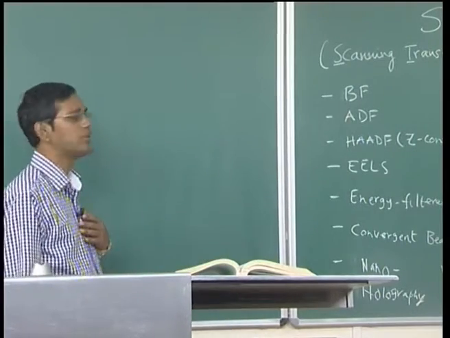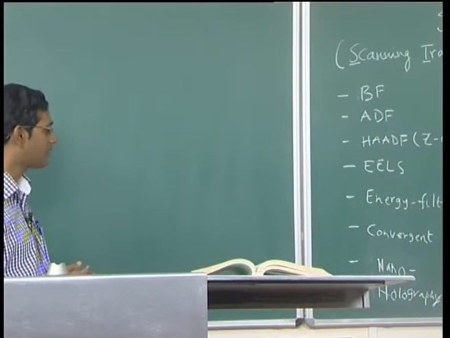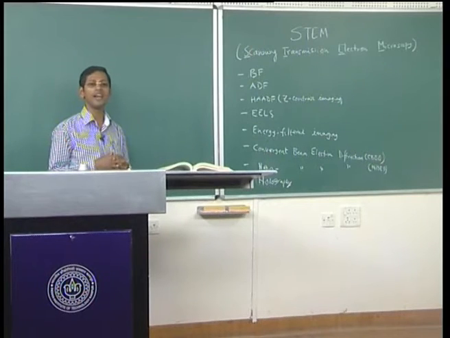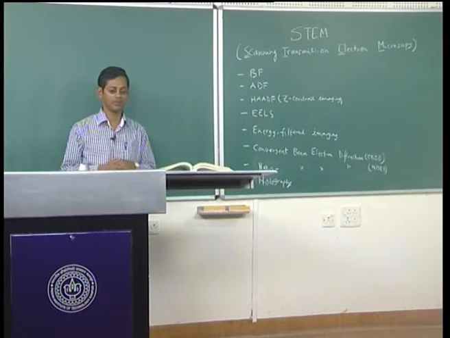One can also integrate this with convergent beam or nano electron beam diffraction, and one can actually use the STEM to get holographic images. I will not be able to discuss all of them in this course, but I will try to give an idea how STEM works and how STEM can be used to obtain different sets of information.